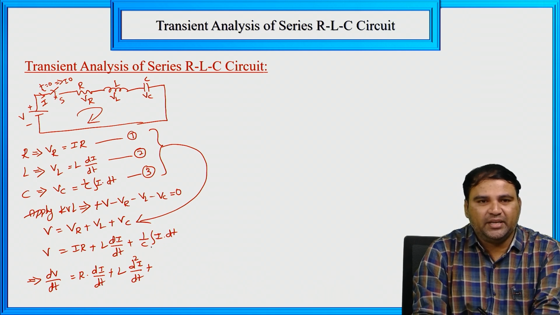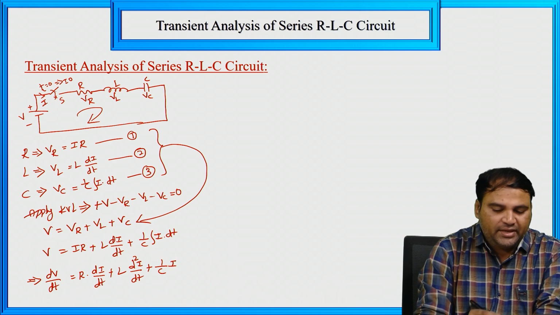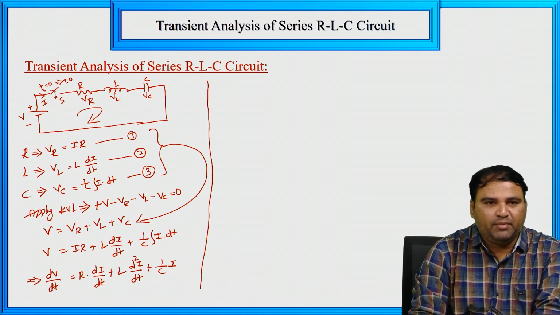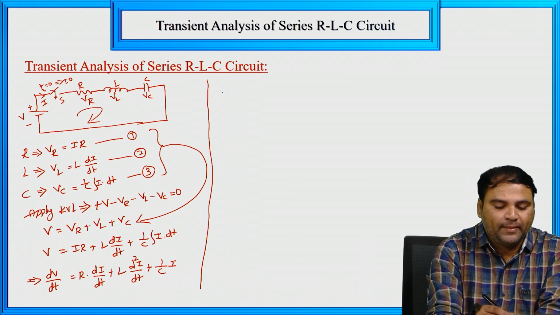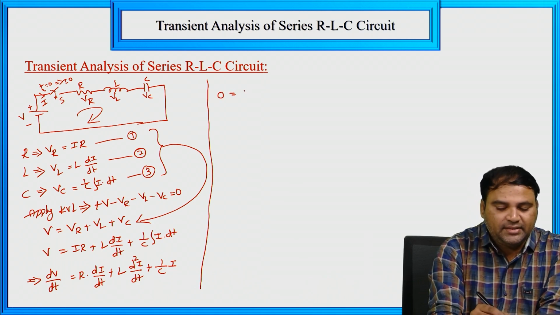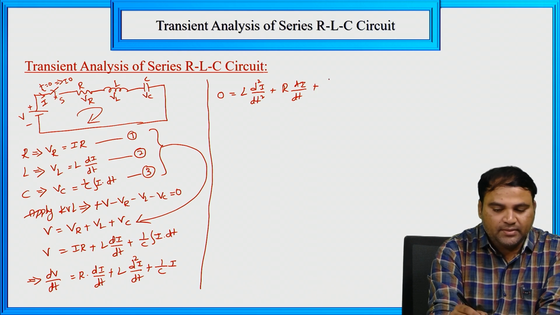The integral and d by dt get cancelled, and the remaining term is 1 by C into I. Now, dV by dt is 0, so I write the equation like this: L into d square I by dt square plus R into di by dt plus 1 by C into I equal to 0.